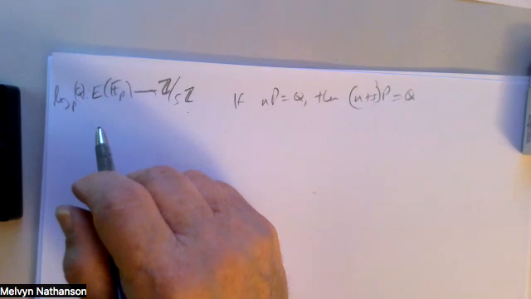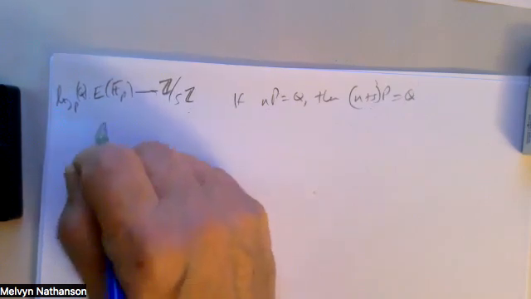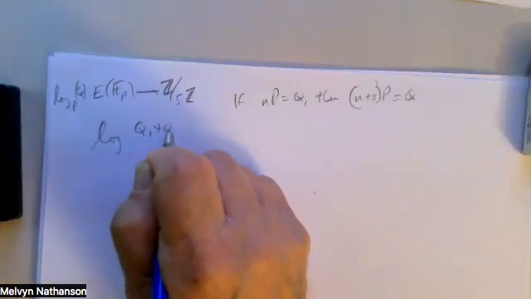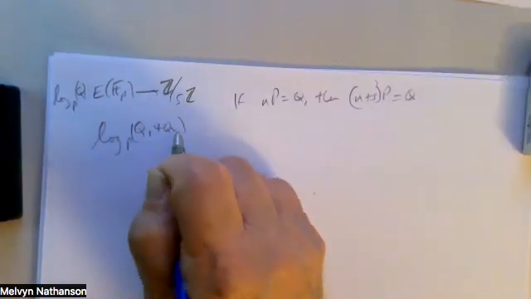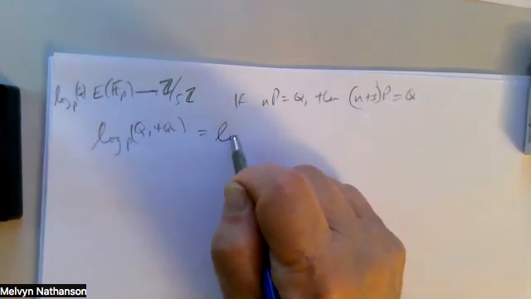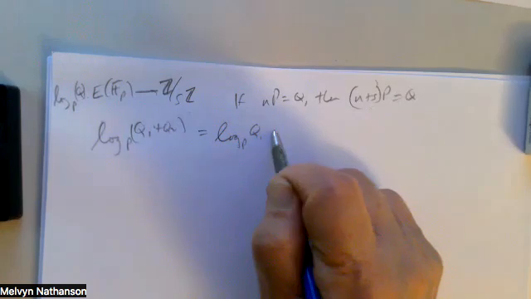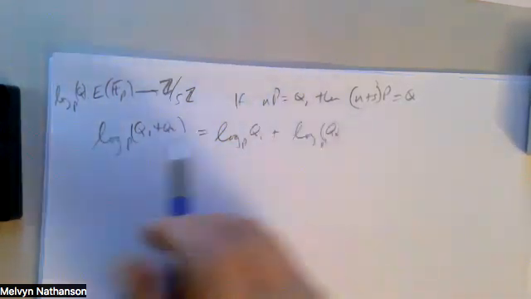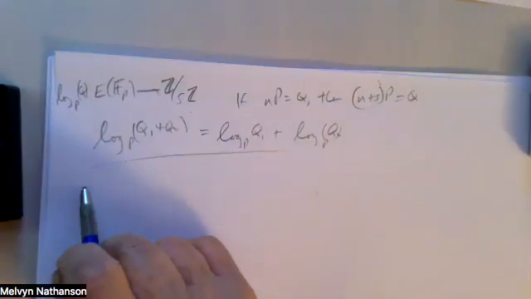And you have the addition rule that you hope to find for any logarithm: that the log of Q1 plus Q2 to base P is the log of Q1 plus the log of Q2. What this says is the following.